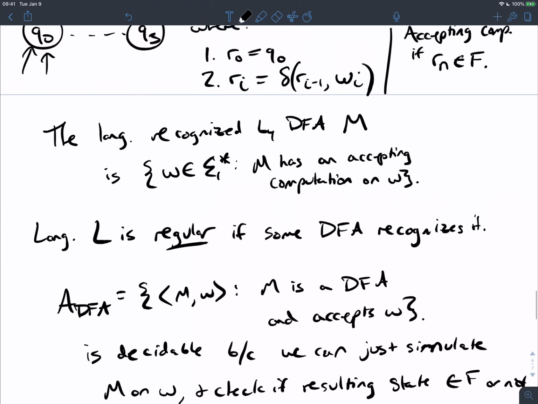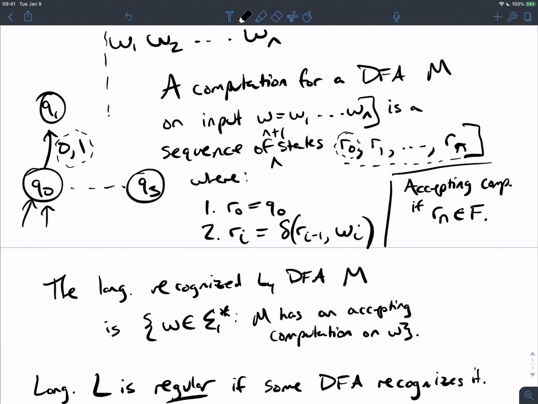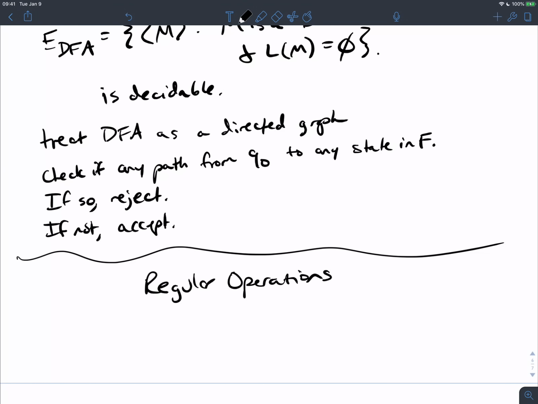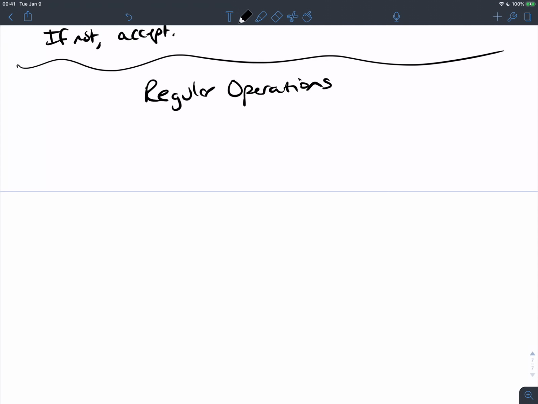If you run a DFA for a long enough string, then eventually you're going to see the same state over and over and over. So the regular here versus the regular language definition does not mean anything. They don't have anything to do with each other.